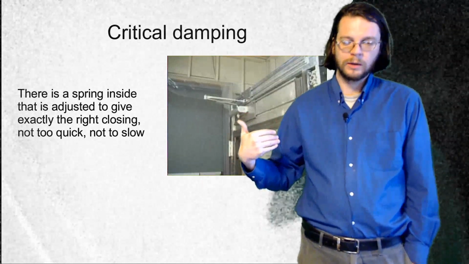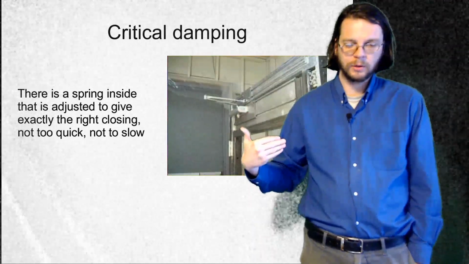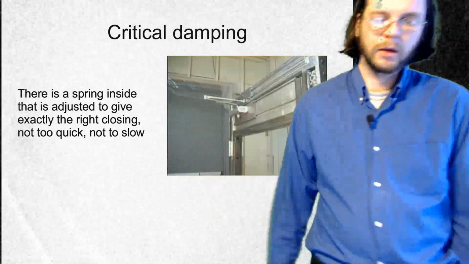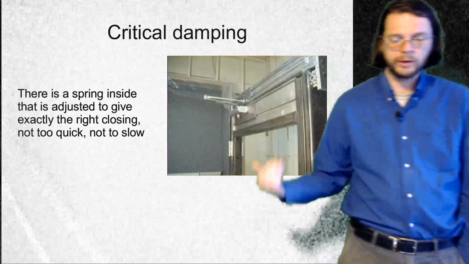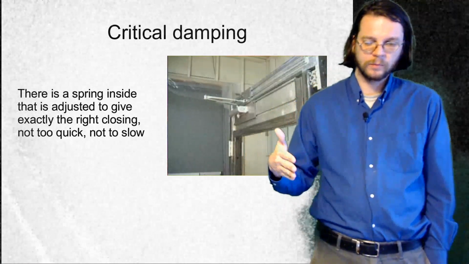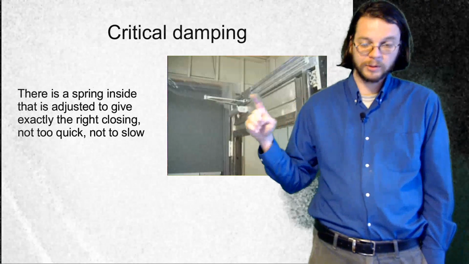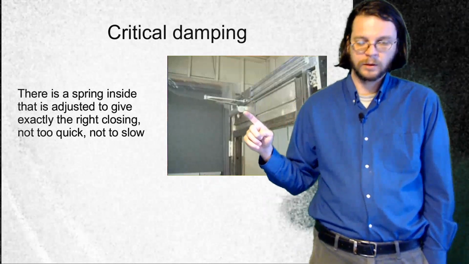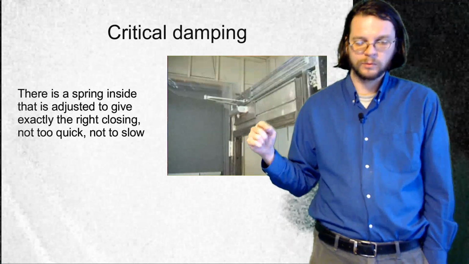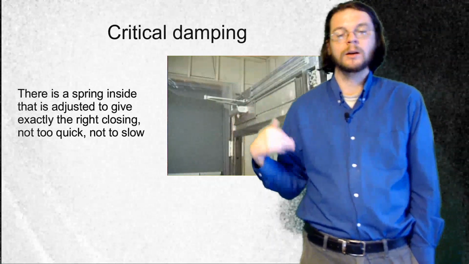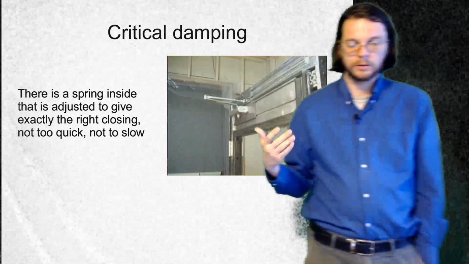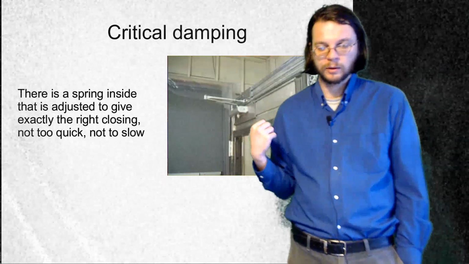You also do not want the door to be so hard to open that it takes some incredible amount of force to open it. And so you're looking for kind of a sweet spot. There's probably a spring in this thing, honestly. You want a sweet spot between the stiffness of the spring and the damping, so that it just feels natural to open that thing up.